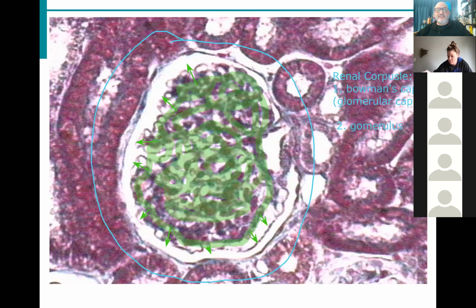And that filtrate is caught by this big cup known as Bowman's capsule. But notice there's this space in between. This space in between is the third component of the renal corpuscle, and it is known as Bowman's space. Now, of course, why is it called Bowman's space and Bowman's corpuscle?